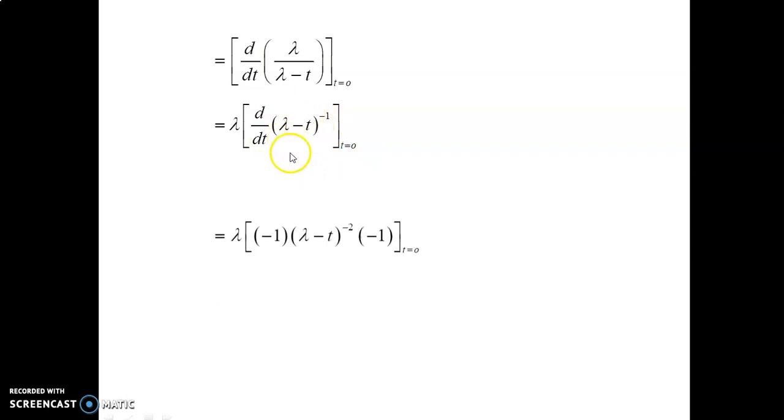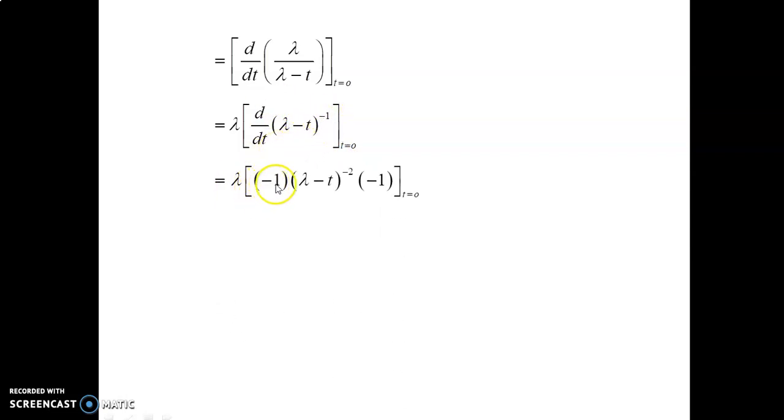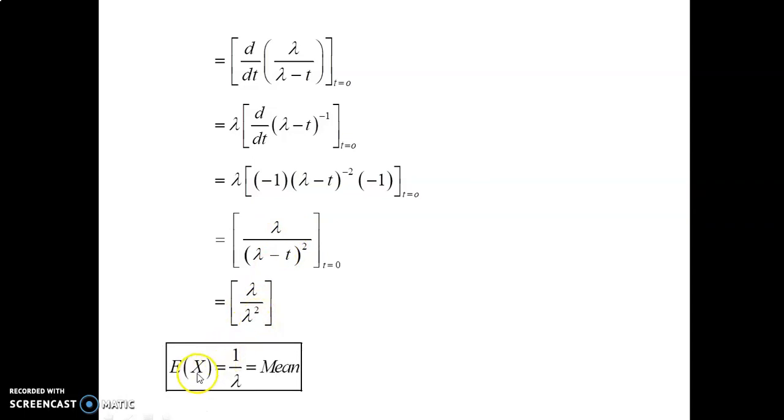Now differentiate: we get lambda into minus 1 in front, lambda minus t the whole power minus 2, into the differentiation of the bracket, which is minus 1. So minus 1 into minus 1 is plus. The next term is lambda divided by lambda minus t the whole square at t equal to 0. Now t equal to 0 gives lambda divided by lambda square. Cancelling, we get the mean E of x equal to 1 by lambda.